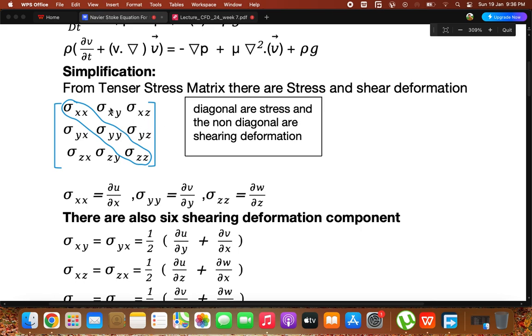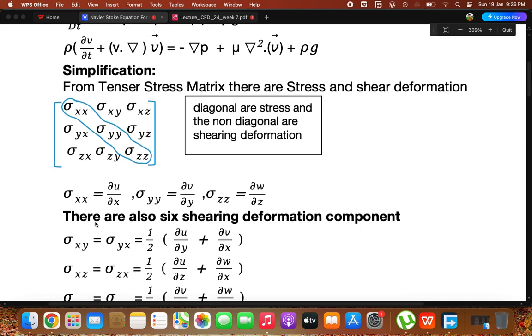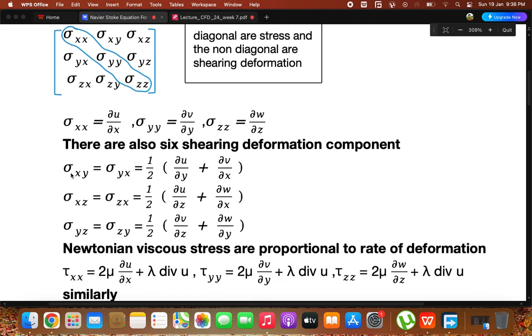These are 1, 2, 3, 4, 5, 6. We can write sigma xy, which is equal to sigma yx, and similarly for xz and yz.